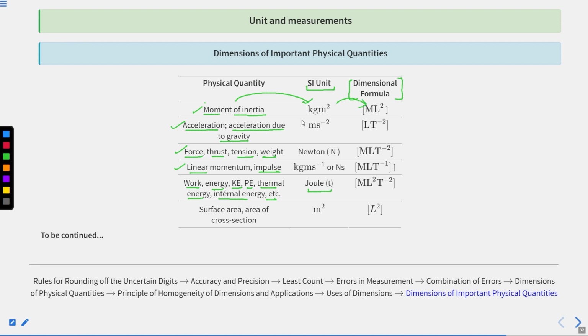Similarly, this. Clear? Surface area or area of cross section, meter square, and this is the dimension formula. Clear? Dimensions of important physical quantities.